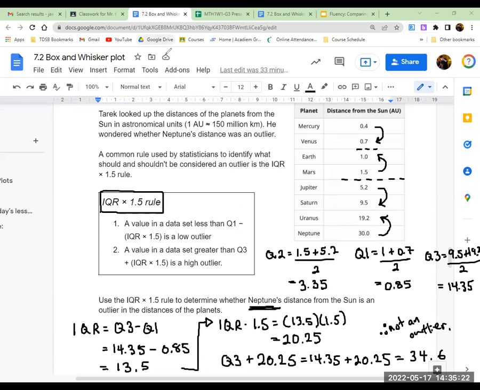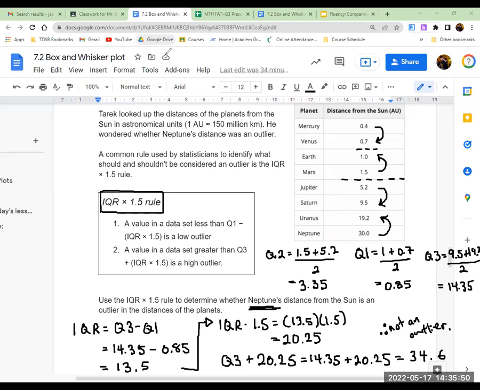And that essentially brings us to the end of our lesson. Do we have any questions? Okay, forget the questions. Let me quickly recap what we've done and ask yourself this. If I give you a data set, can you write it from smallest to largest? Can you calculate the 5 key numbers of max, min, Q1, Q2, Q3?